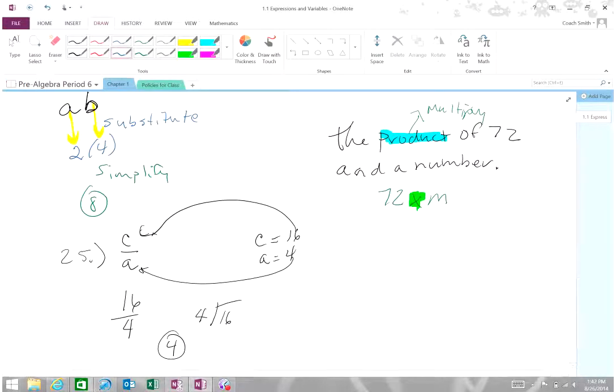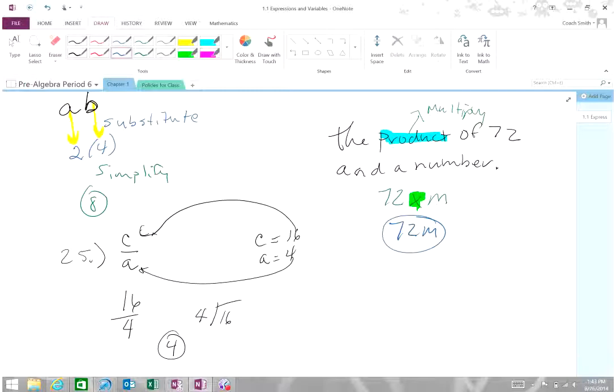So we want to write that as 72M, and that's our answer. That's a variable expression because it has a variable in it and some type of mathematical operation. That's why it's a variable expression. So fairly simplistic, not real hard on that one.